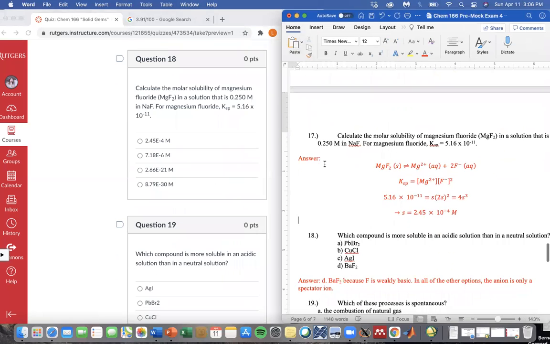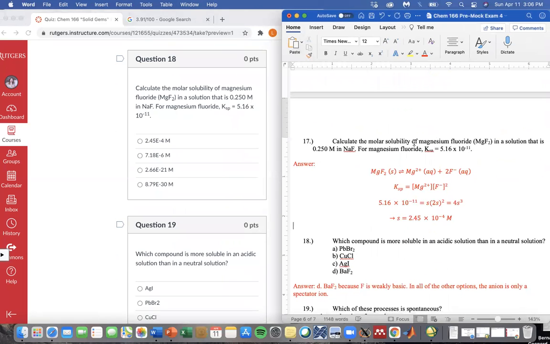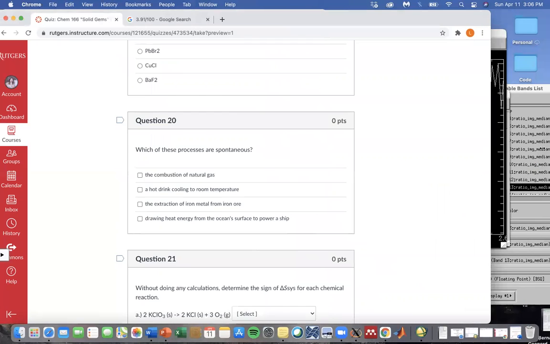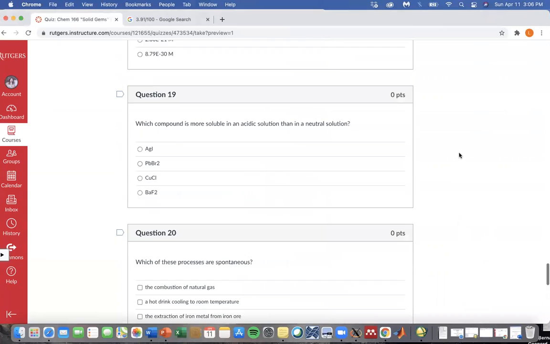This is really the common ion effect in practice, because we're trying to find the molar solubility of a solution that already has some NaF in it. And so we have to solve for the solubility of it.